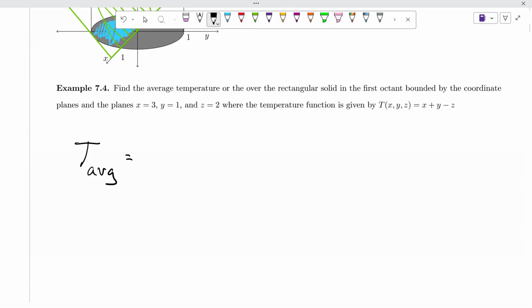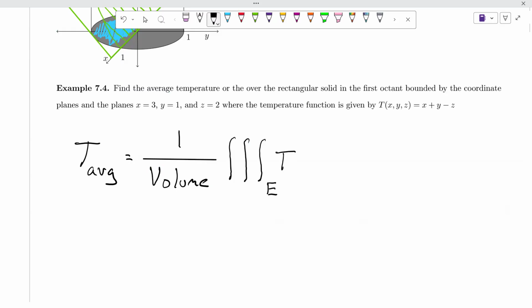is the average equation for three-dimensional shapes. So if I look for the average temperature of something over a 3D shape, it is probably what you'd expect, because we've already seen average calculations a few times.